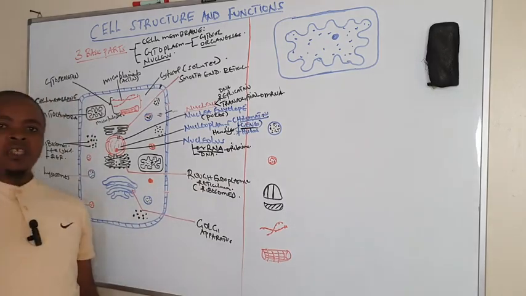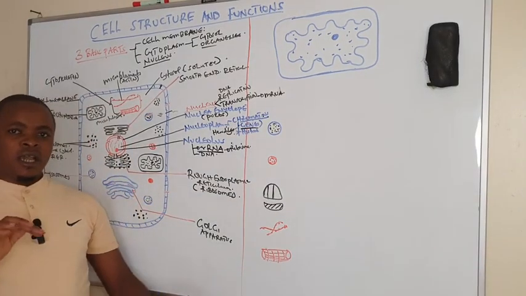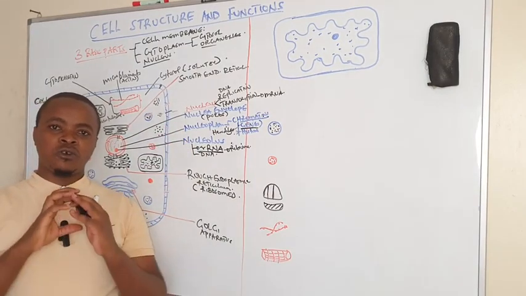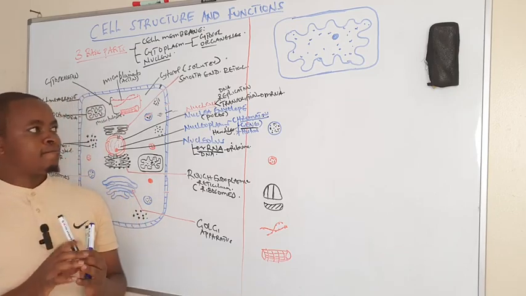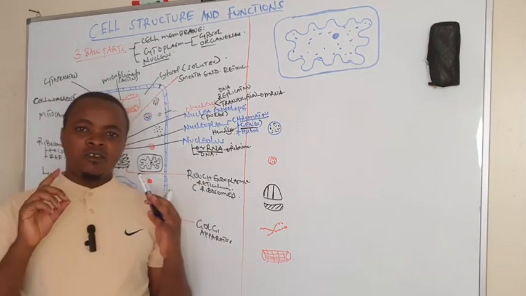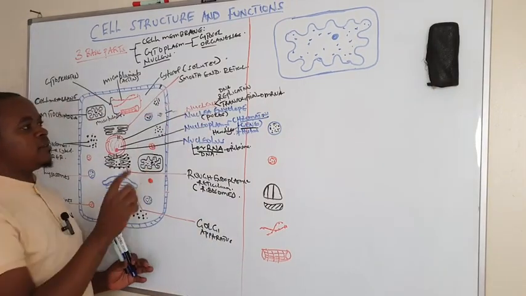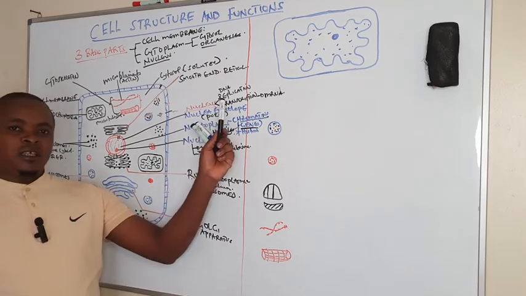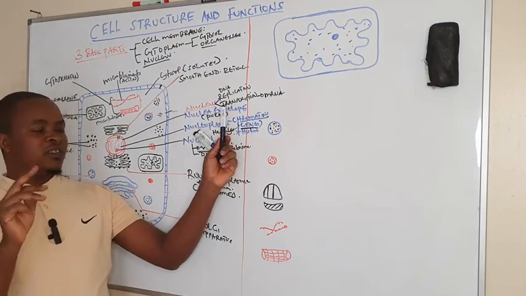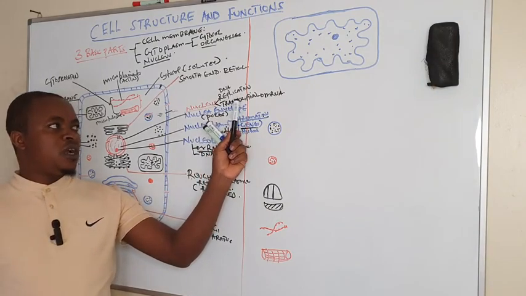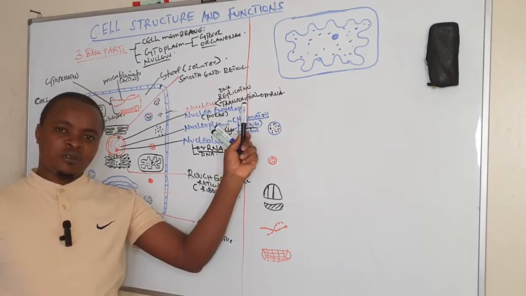So the two major important functions, as we normally say, the nucleus is the one that controls all cellular activities. Note that all cellular activities are coordinated by the nucleus, whereby it is commanding the cellular activities in two ways: that is by DNA replication and transcription.